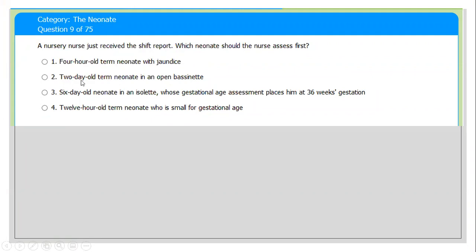Number 2, a 2-day-old neonate in an open bassinet. Number 3, a 6-day-old neonate in an isolette whose gestational age assessment places him at 36 weeks gestation. Number 4, a 12-hour-old neonate who is small for gestational age.